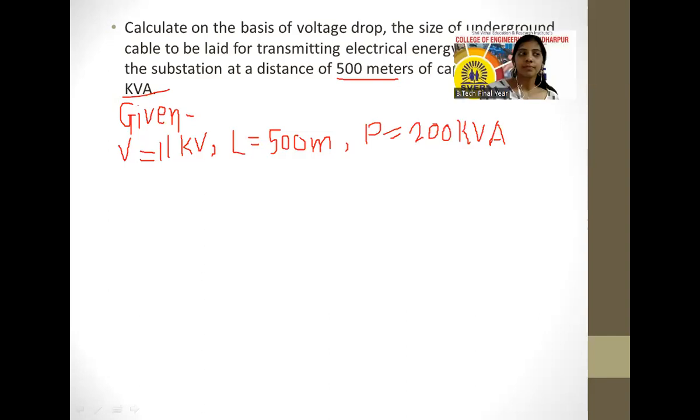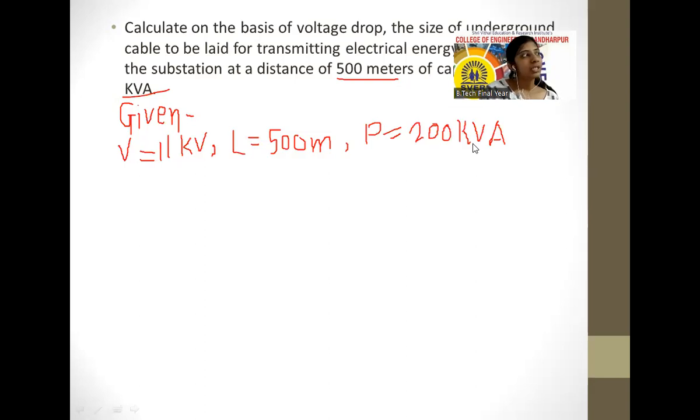For 3 phases multiplied by 3. Then select the size of the conductor by referring table.